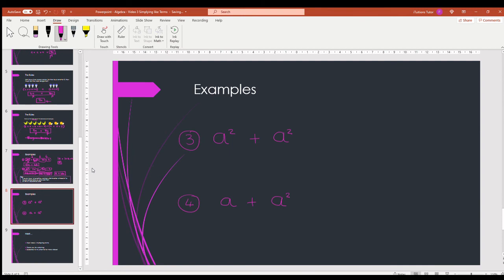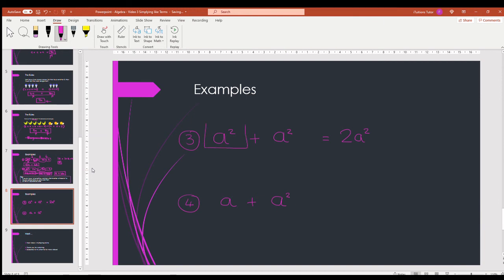Now in these two examples, I've used some powers. So let's look at the first one. These variables are raised to the same power. Hence these are like terms. A squared plus a squared is the same as 2a squared, which is 2 multiplied by a squared.